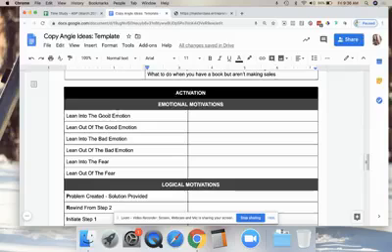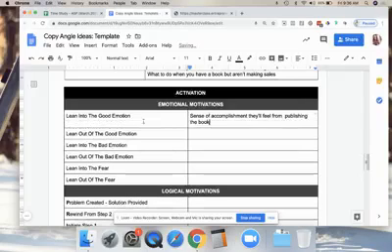So leaning into good emotion. So the sense of accomplishment they'll feel from publishing the book.